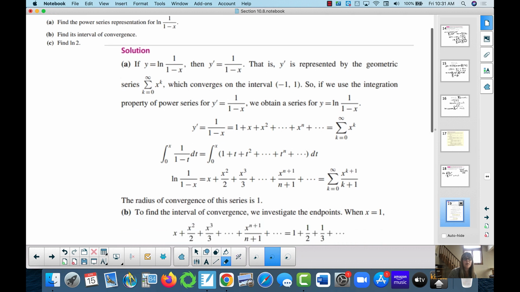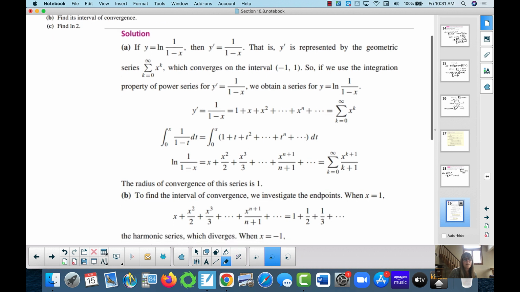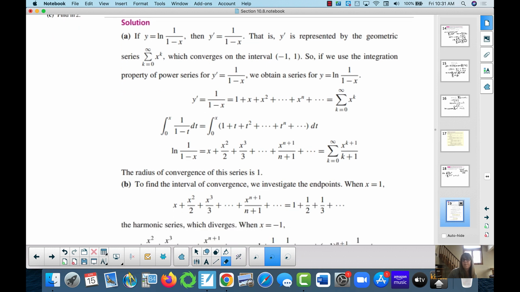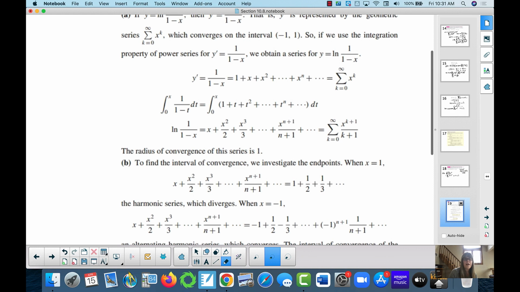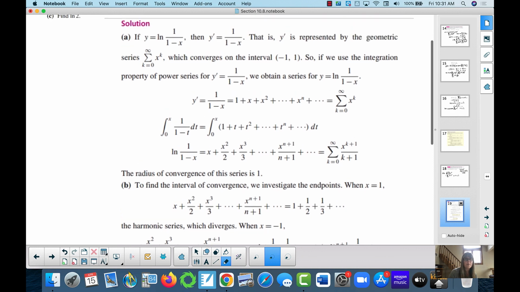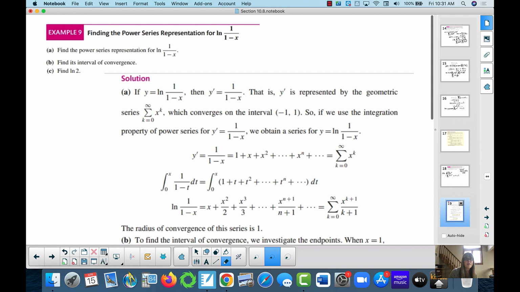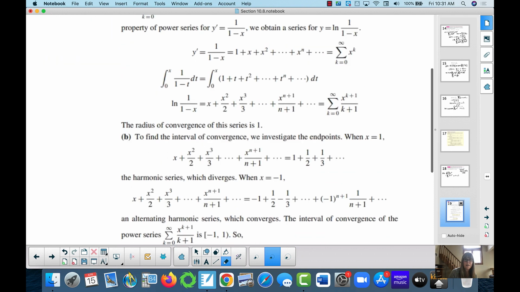What they're doing here is using the integration power rule, so we add 1 to the power and divide by that new power. This again starts at 0. The only reason we had to change it to 1 for the derivative was because that made our power negative, and we can't have that. That's not the case here. So that's going to be our series that represents this antiderivative of 1 over 1 minus x.